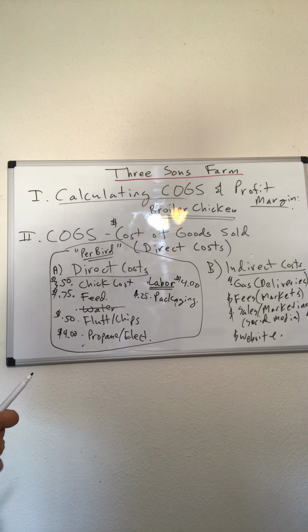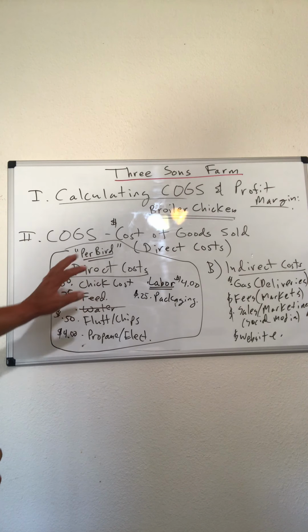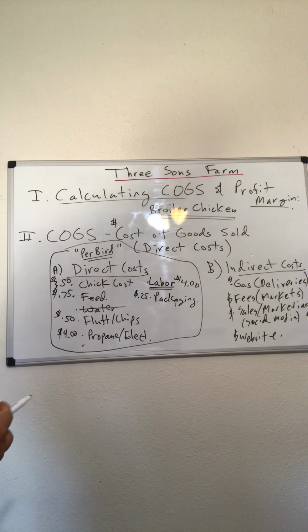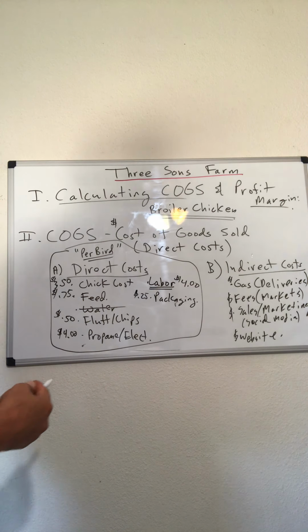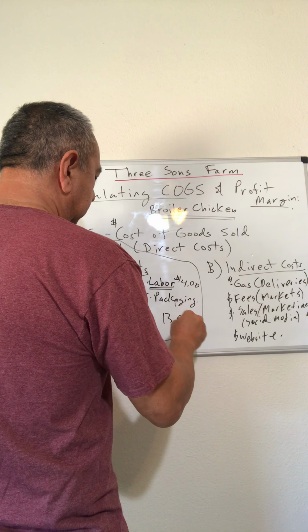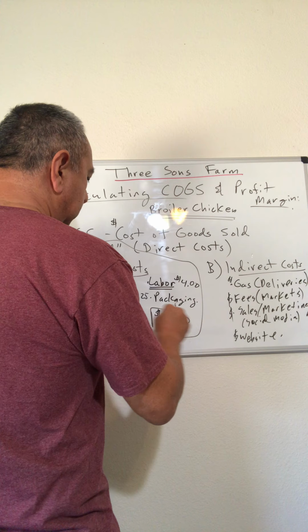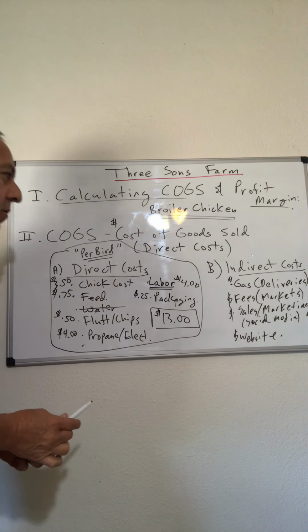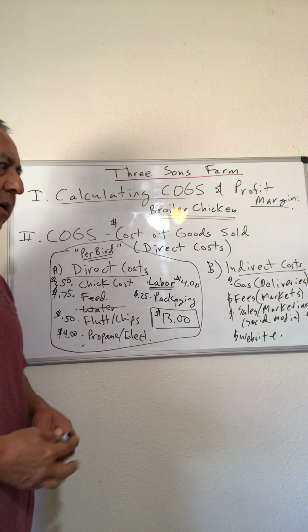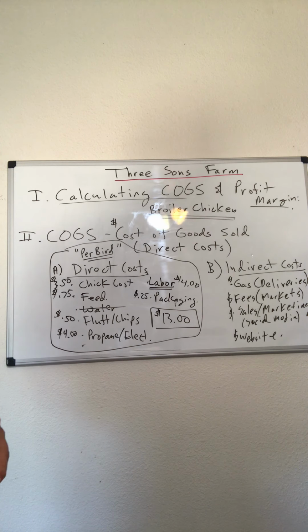All right, again, these prices will change depending on your situation, your resources. But let's add them all up. I think I added them earlier and I got a total of $13. So the cost of producing one chicken is $13 in this example.